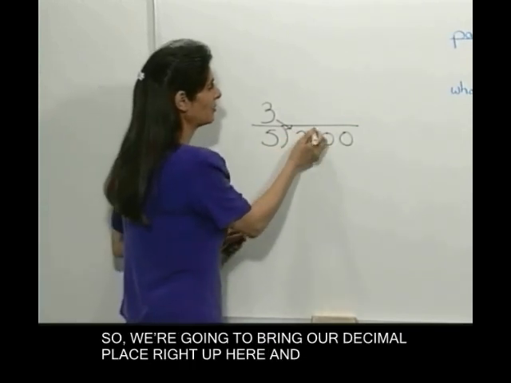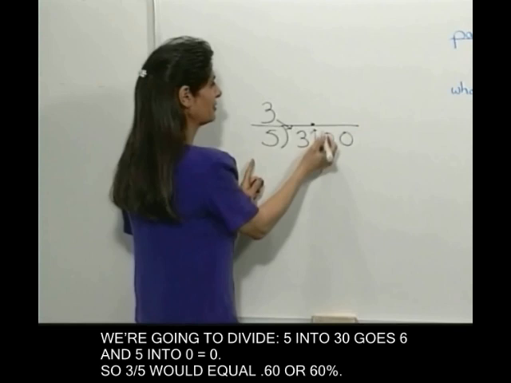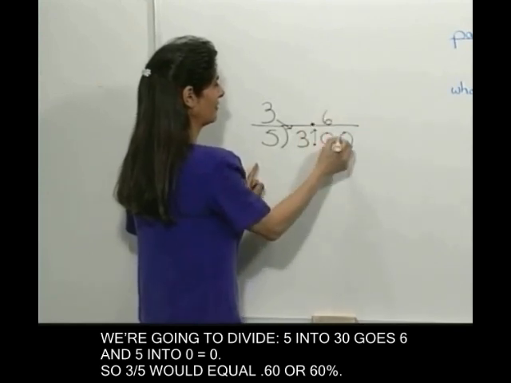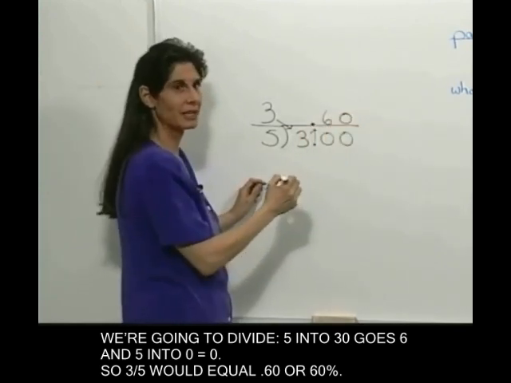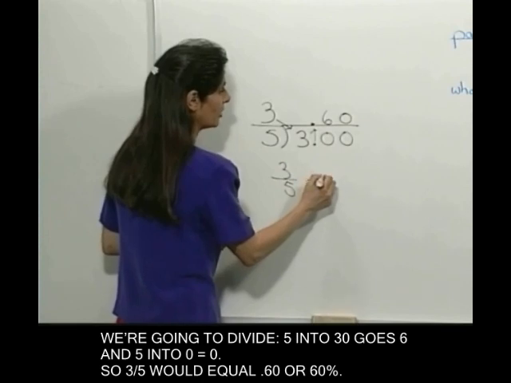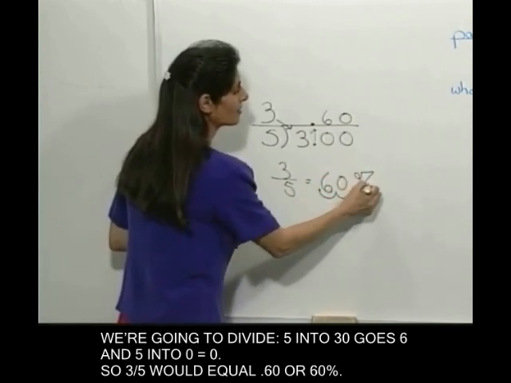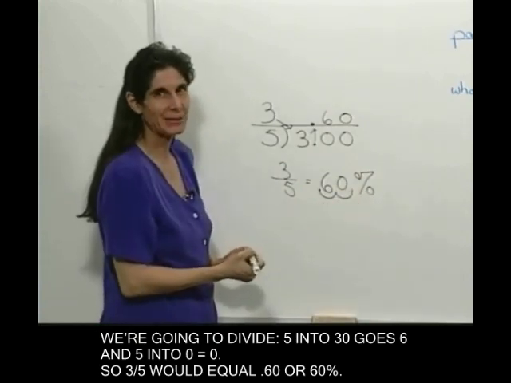So we're going to bring our decimal place right up here, and we're going to divide. 5 into 30 goes 6, and 5 into 0 is 0. So 3/5 would equal 60 hundredths, or 60%.